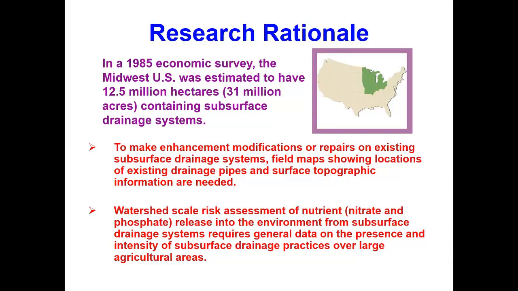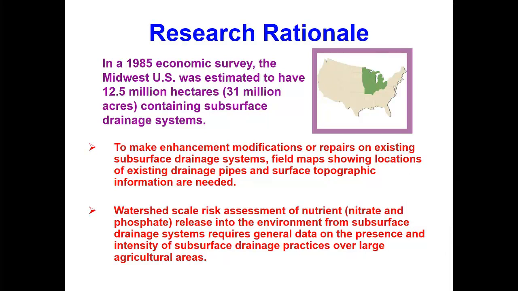So the second reason is more involved with the environmental considerations. For a watershed scale risk assessment of nutrient, nitrate, and phosphate release into the environment from subsurface drainage systems, what you really need is general information on the presence and intensity of subsurface drainage practices over large agricultural areas.